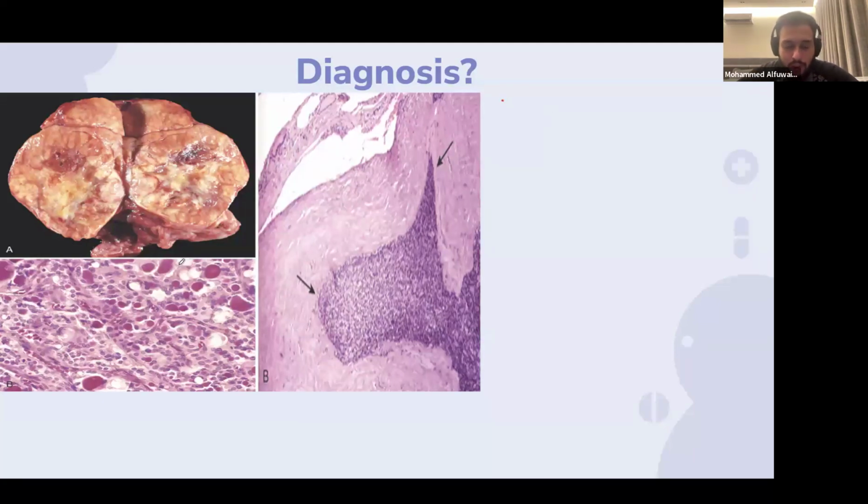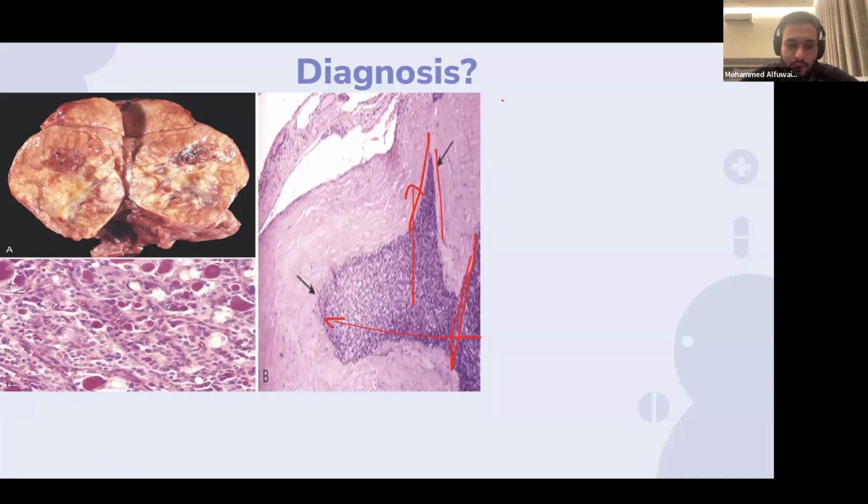Now, why is it a carcinoma and not an adenoma? Again, this concept needs to be very clear to you guys. Capsule invasion. You can see it's going into the capsule. Okay? So this is where the capsule is supposed to be. However, it's going into the capsule and invading it. Okay? So this is why this is follicular thyroid carcinoma.